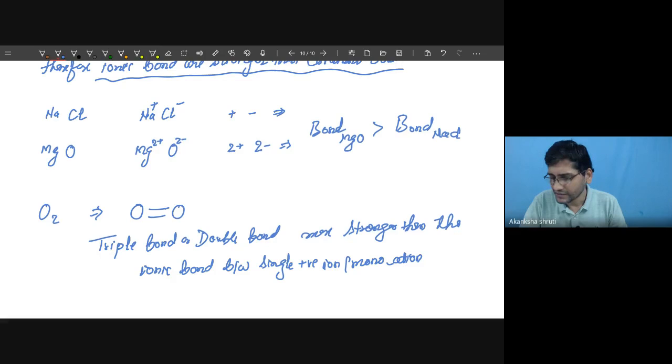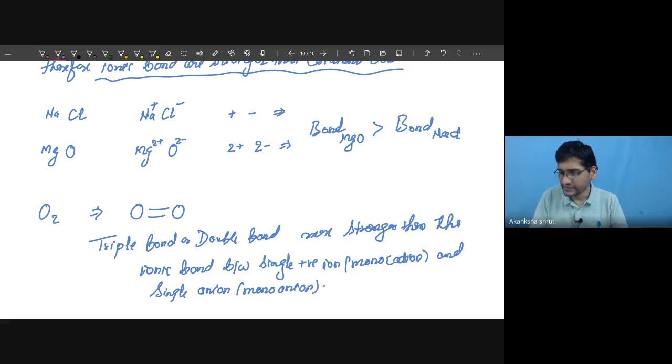This thing we have already learned in class 9. आपको भूलनी नहीं रहती है पढ़ाई में, that is important. And the single anion is called monoanion. Okay, it is like so.